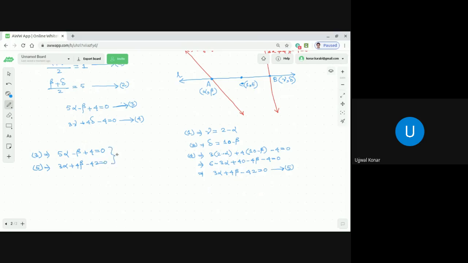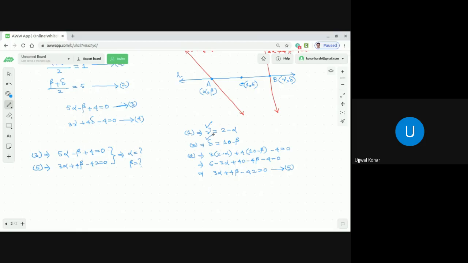A very simple system of linear equations in two variables. From here you can find the value of alpha and beta, correct? The moment you find alpha and beta, you can find gamma and delta as well.